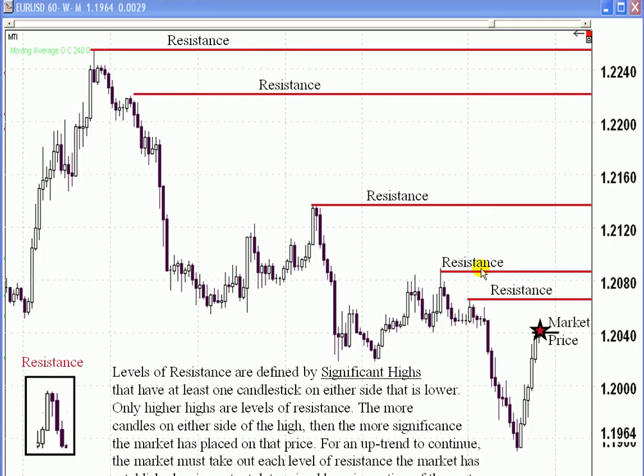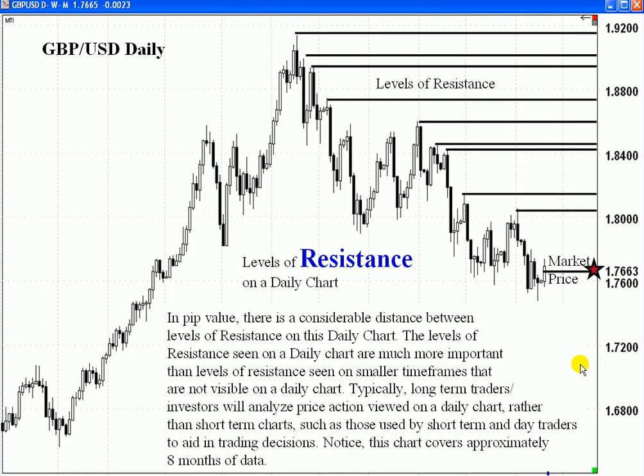Now, this chart here is a 60-minute chart, and we're going to show you this on different types of time frames. This is a daily chart now, and here's our current market price, and we see very distinct high points on this daily chart.